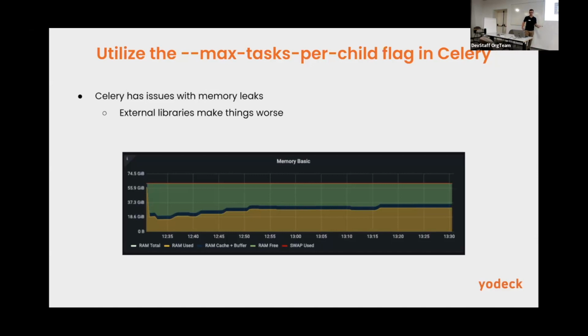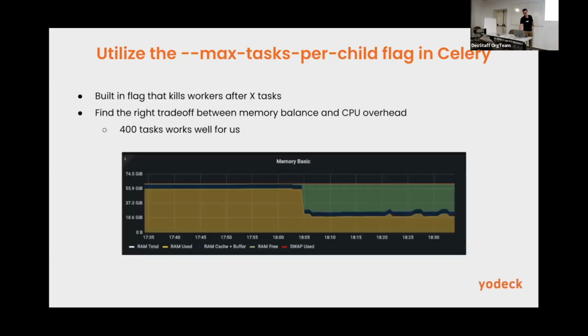Using some external libraries, like we noticed with Redis Spy, also had some memory leaks and left some open connections. These make things worse. So Celery, to solve that, has a flag because they recognize that they have some issues.